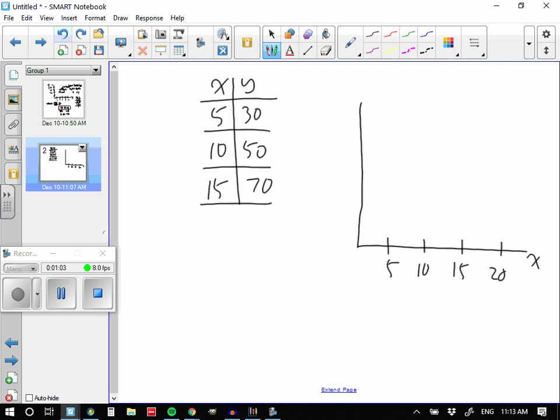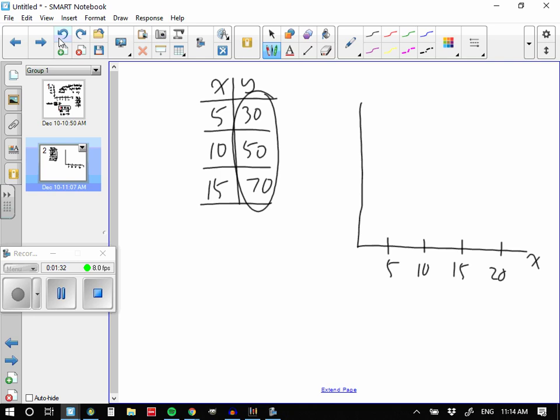But when I look at my y-axis, I can't do this. I can't do 30, 50, and 70. The reason why is that between here and here, that distance is 30, and that same distance from here to here would be 20. So I have to choose a unit of measurement that works for that y-axis.